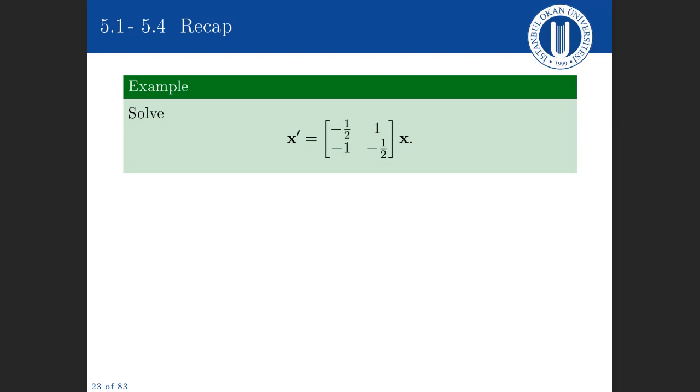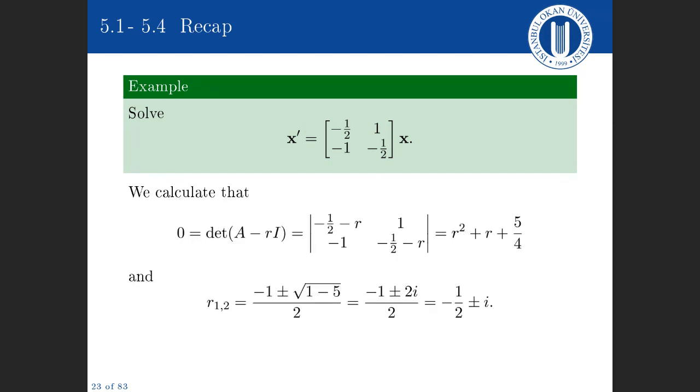Okay, let's do an example. How do we solve something like this? x prime is equal to the matrix with rows (minus a half, 1) and (minus 1, minus a half), times x. First, we need the eigenvalues and the eigenvectors. I will show you the calculation.